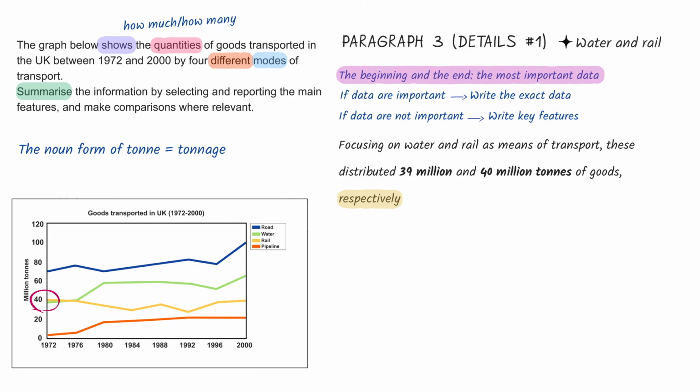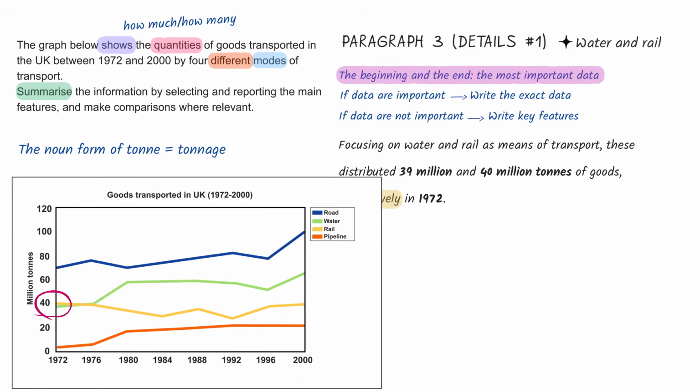Respectively, and then we need the date, in 1972. So when you mention the exact data in the beginning, you should consider two important things. The first one is to write the date, which is 1972 here, and the exact number of the data, as we wrote here too, 39 and 40 million tons.